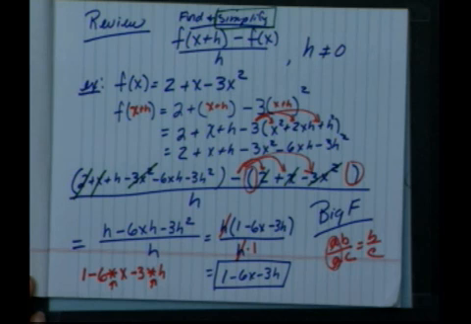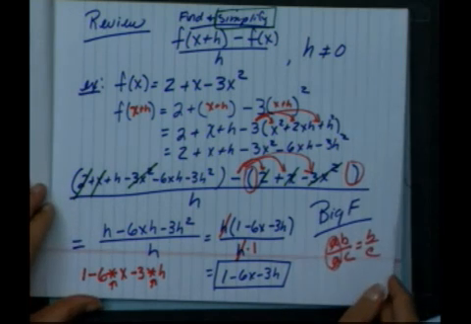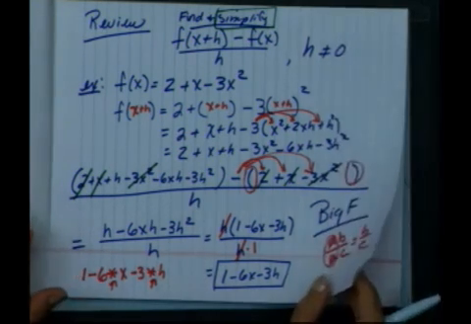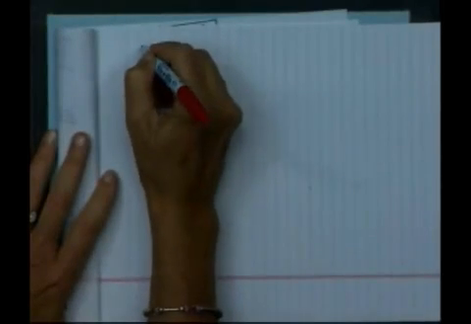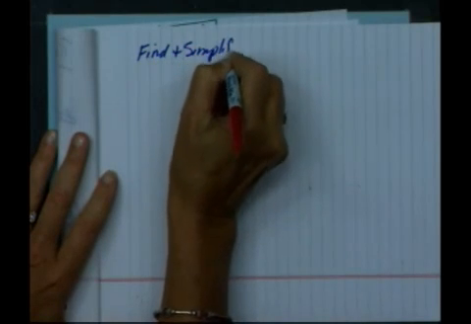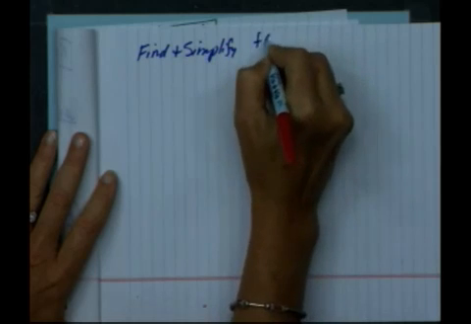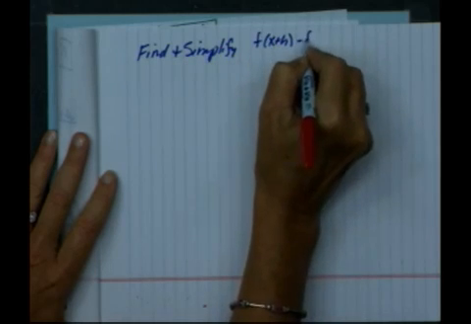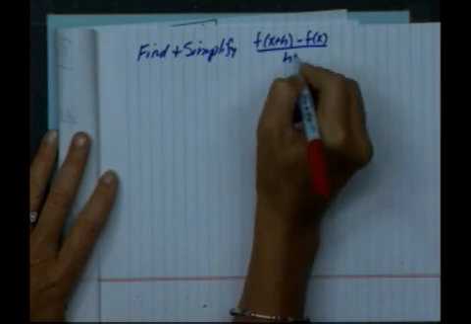Everybody good? Okay, there was another difference quotient that was running everybody crazy on WebAssign, so we'll do another one of those. So again, we're going to find and simplify. And I give you the difference quotient on the test. You don't have to memorize this. You will have to memorize it when you get into calculus.